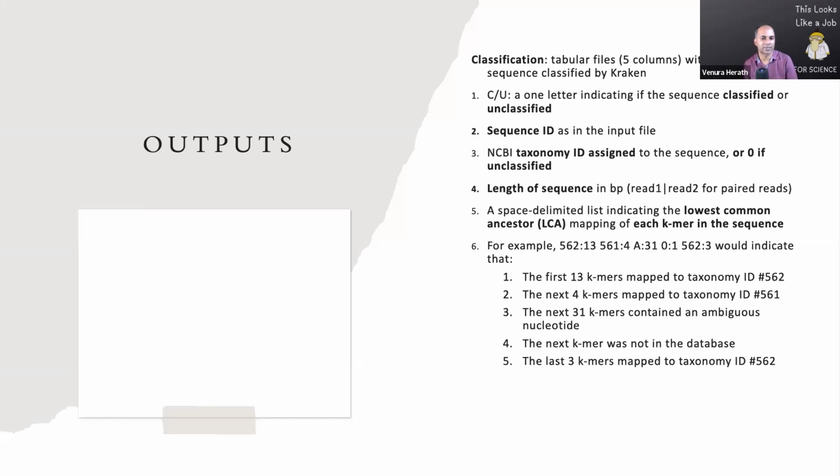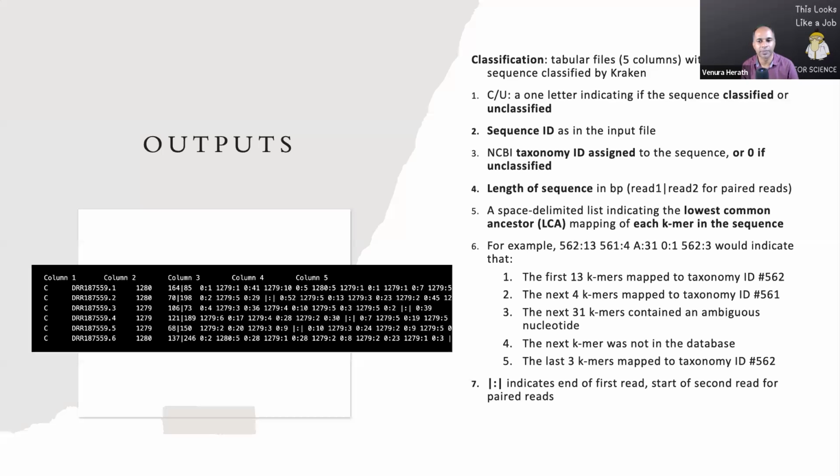That's what it indicates. This sign indicates the end of the first read and the start of the second read, the separation. I'm pretty sure when you look at your output, it is like this. You can now match your columns with the columns mentioned here, so you can get an idea.